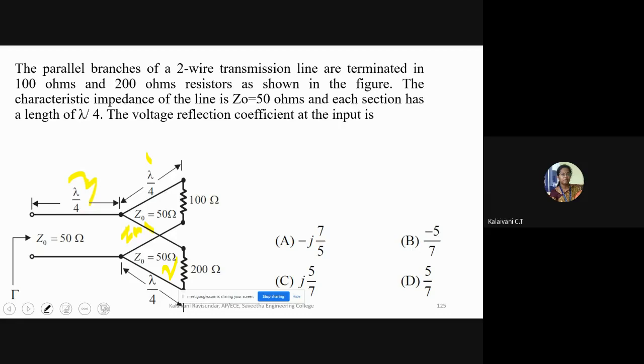After finding Z in 1 and Z in 2, you see both are in parallel. So Z in 1 parallel to Z in 2 will give your load resistance at this point. After that, you can simplify this circuit, and if you know ZL, you can add Z0 and find the value of the reflection coefficient.